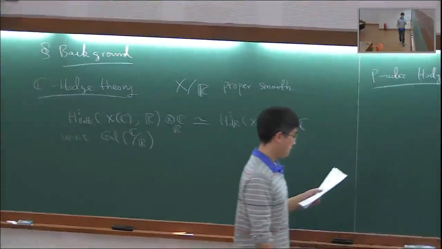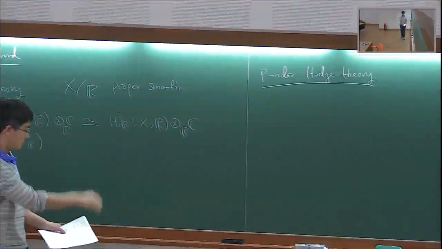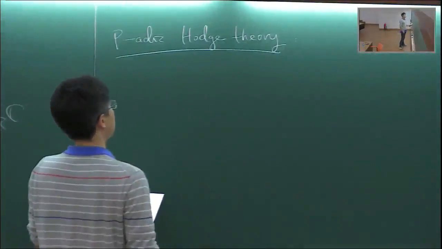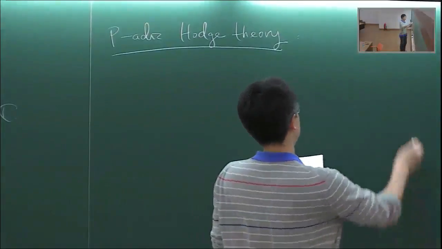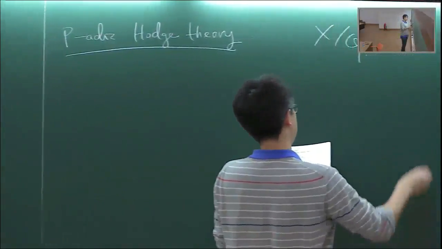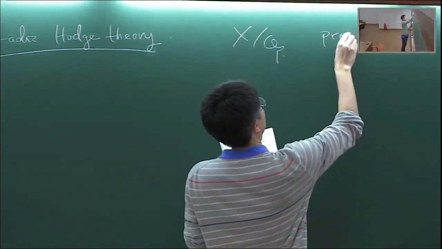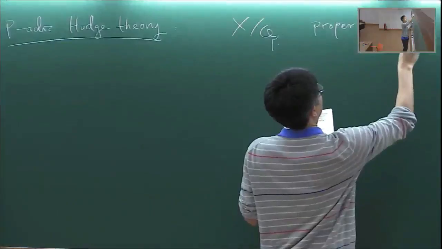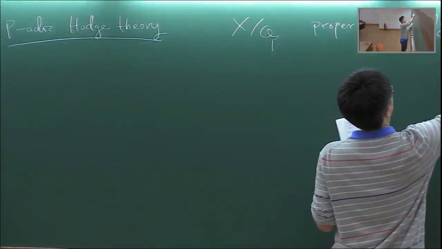Okay, so inspired by this complex de Rham comparison, the goal of p-adic Hodge theory is like this. We start with, for example, a proper smooth algebraic variety over Q_p.